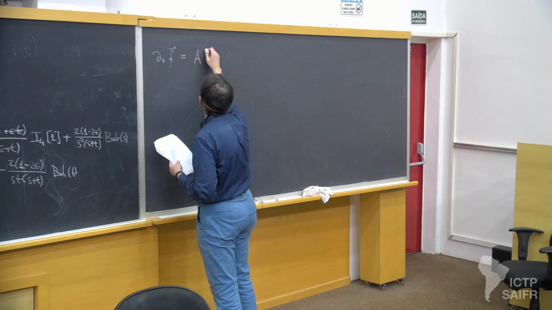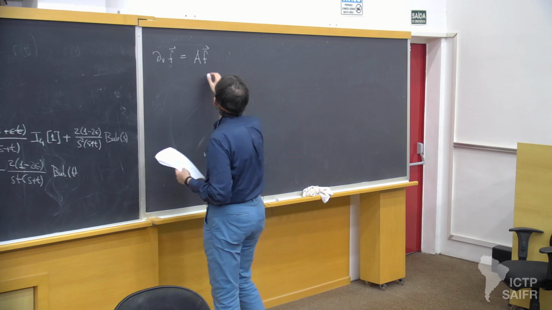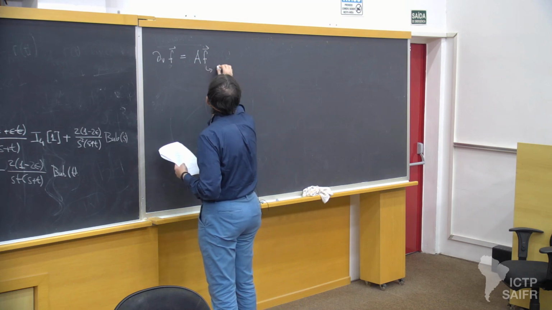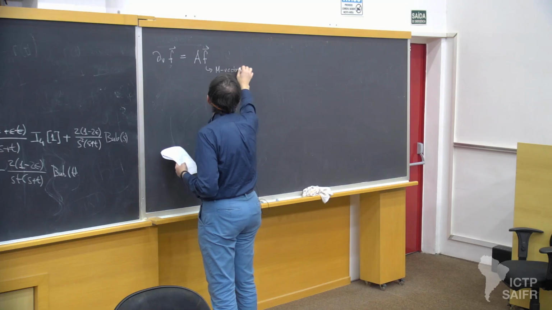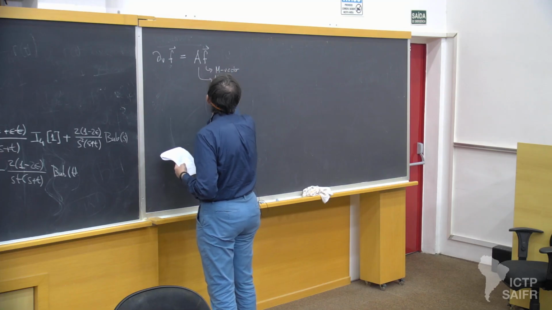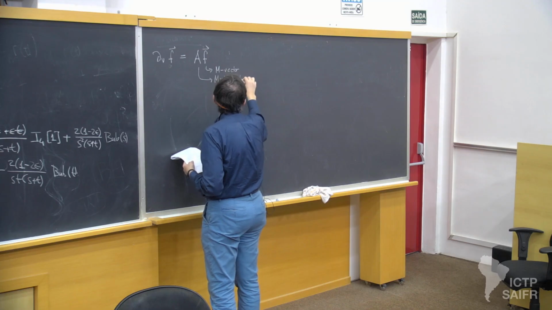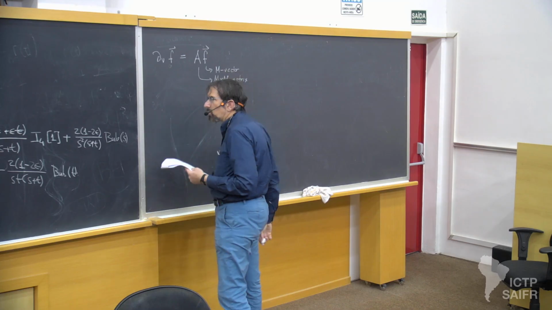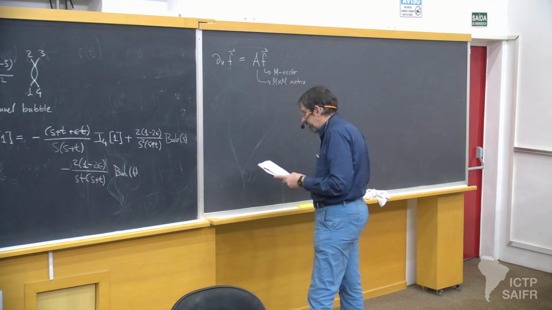So it's going to be of this form. A here is, if this thing is, let's say, an M vector, then this now is an M by M matrix, and it's a rational function of the invariants and of epsilon.